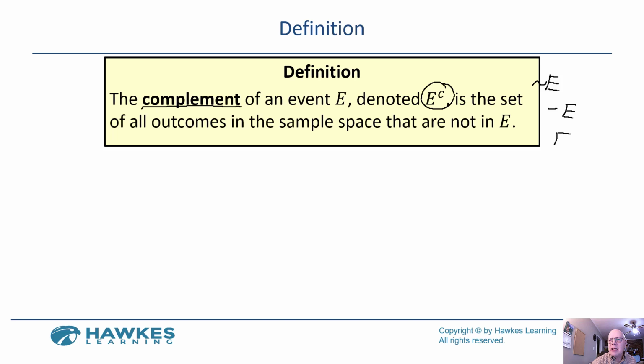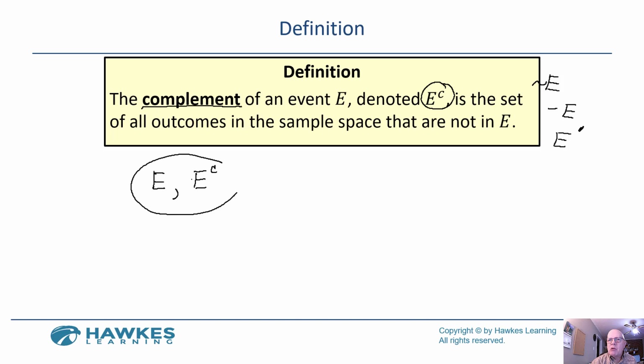I've seen an E with an apostrophe in front of it. It all depends on the author and what they like. But the important thing is, when you're thinking of your sample space, there are 2 things that are exact opposites, E and not E, the complement of E.